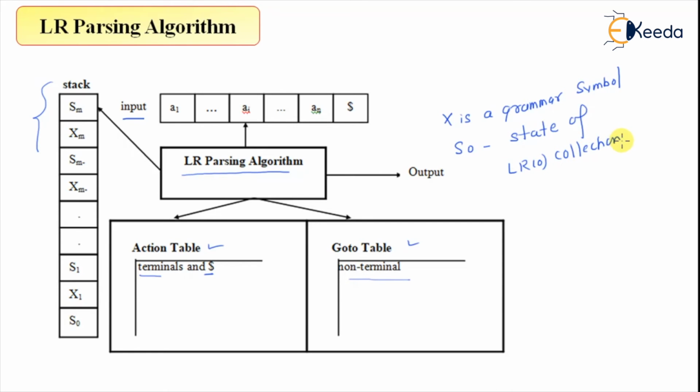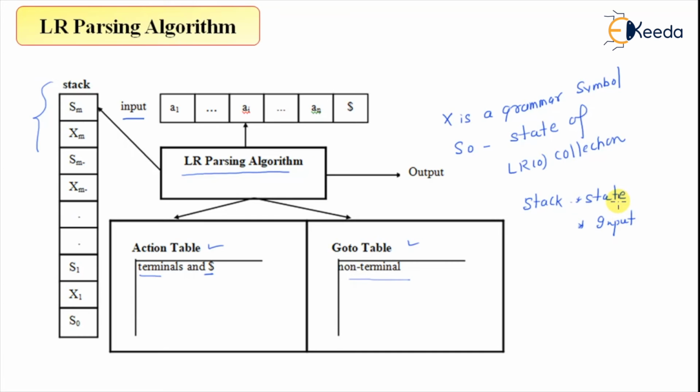So the stack will maintain the state, which state we are in, I0, I1 or S0, S1, and the second thing it will maintain is the input. So state and input will be maintained over there.